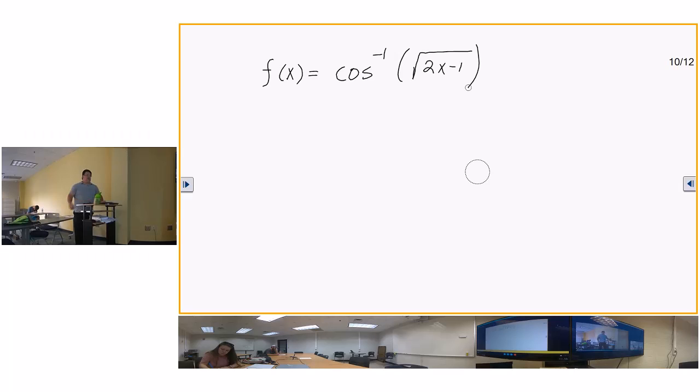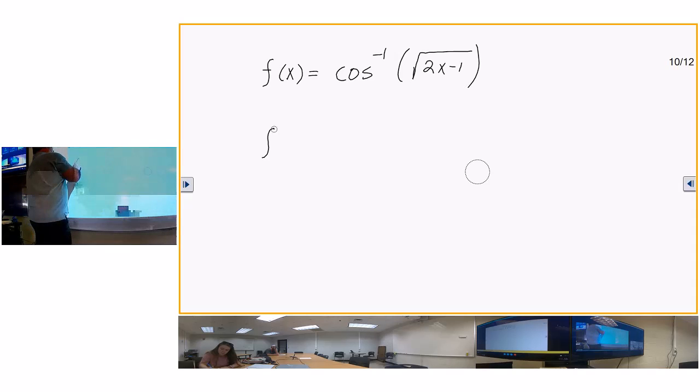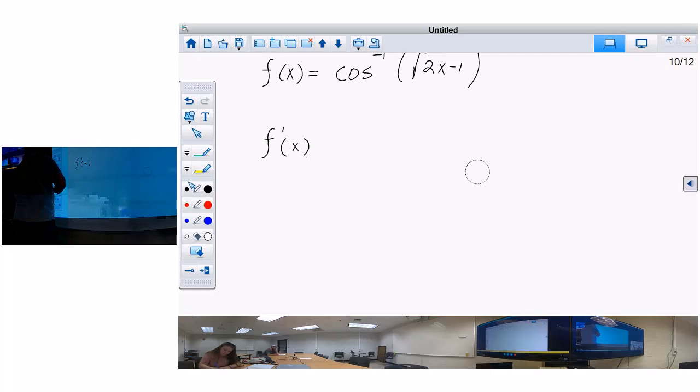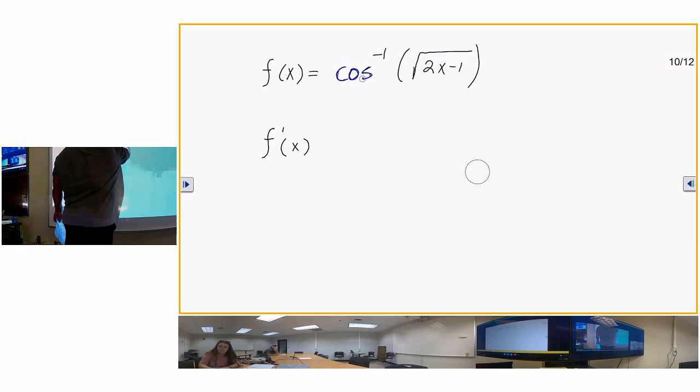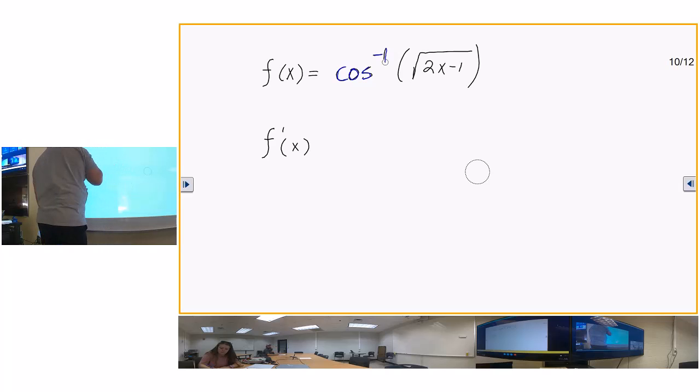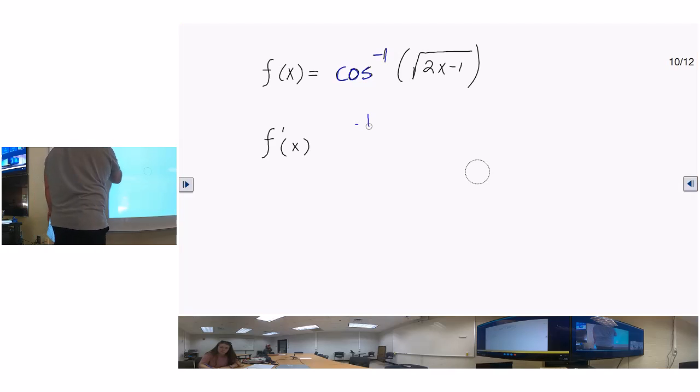Now the only difference between the inverse cosine and the inverse sine is a -1 on top. So f prime of x, and just to help y'all out, I'll put this in blue, is -1 over the square root of 1 minus parentheses squared.